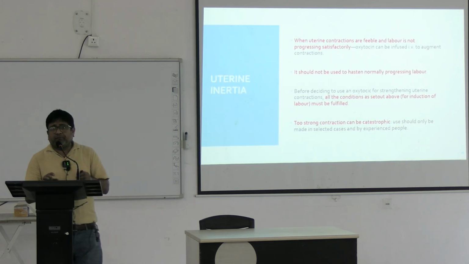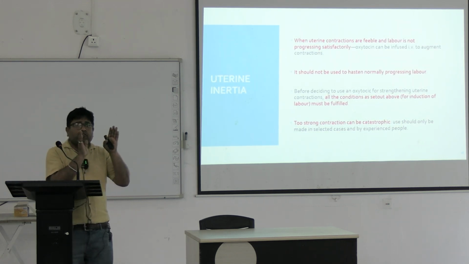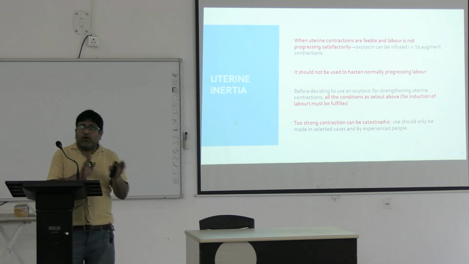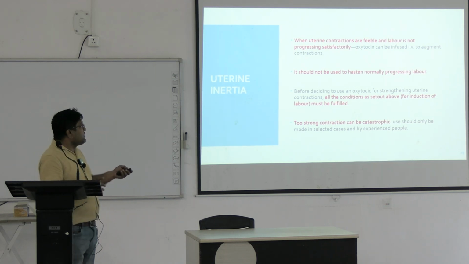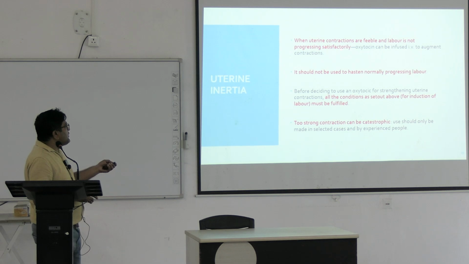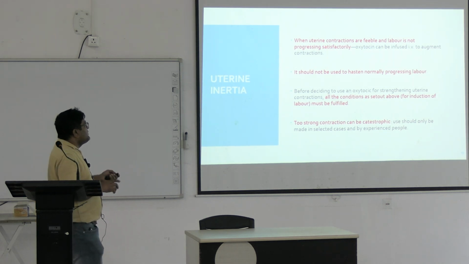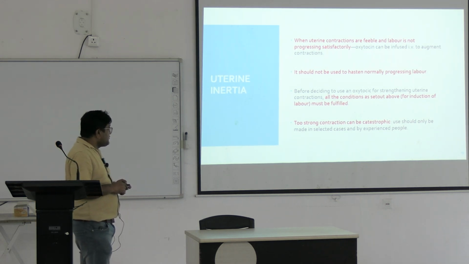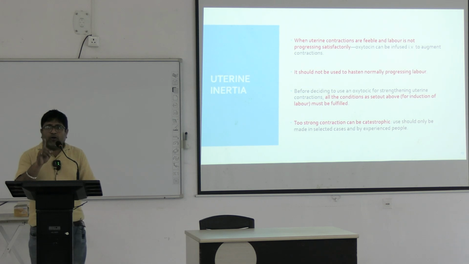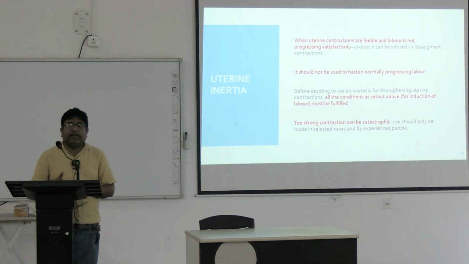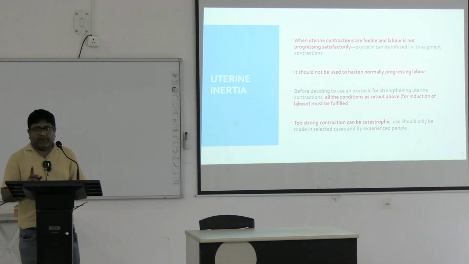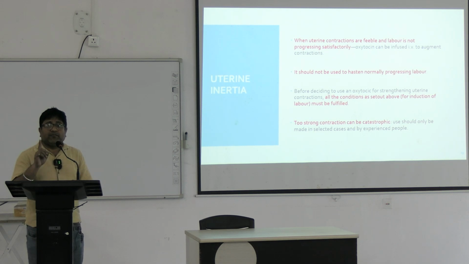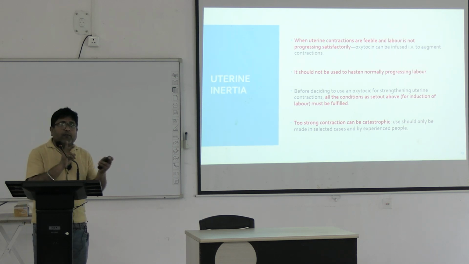Uterine inertia is when the uterine contraction is feeble. To augment the uterine contraction, oxytocin can be used. When uterine contractions are feeble and labor is not progressing satisfactorily, it can be used, but it should not be used to hasten delivery in normal pregnancy. Why? Because it can cause fetal mortality.